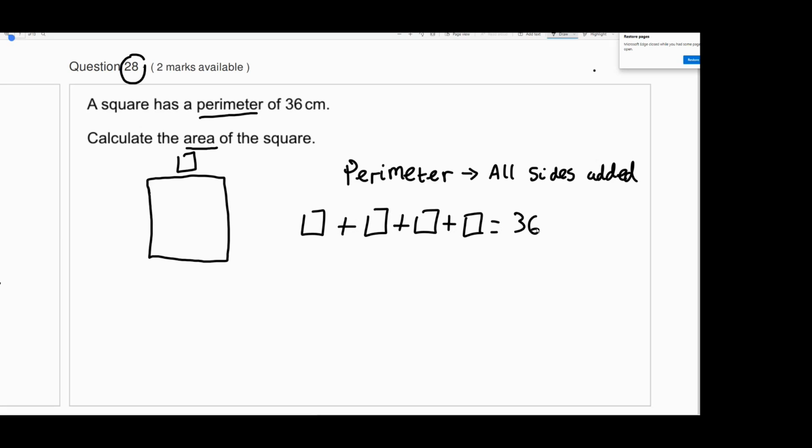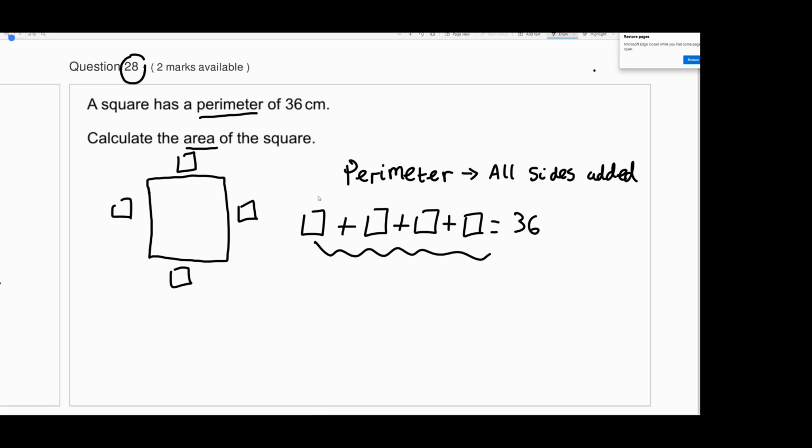Well, the area is what you get when you times the length by the width. You only ever have to times two numbers, unless you've got a triangle where you've got to halve it as well. But what we need to do here is say, well, I've got four sides and they're all the same. And when I add them all up, I get 36.